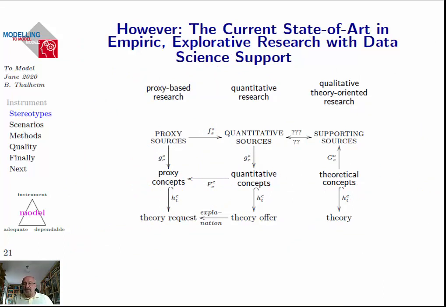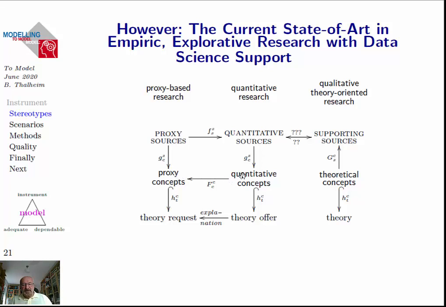So far, we are often using some kind of quantitative data. In this case, we have maybe some proxy source that can be observed. We might be interested in proxy concepts. We might use some kind of quantitative sources, map them to quantitative concepts, and then derive proxy concepts.